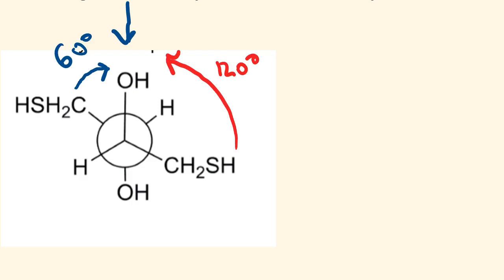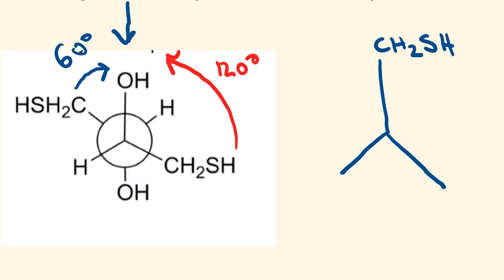So the front carbon is now going to look like this. And the H is clockwise from the methyl thiol group, and the hydroxide is counterclockwise from the methyl thiol group. So there's our front carbon.